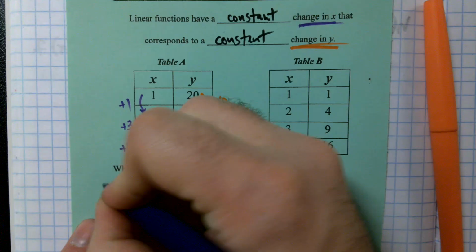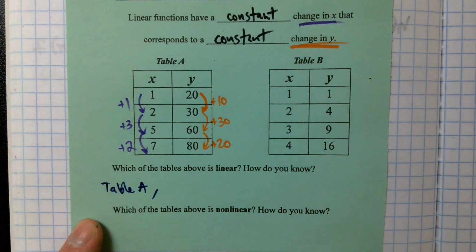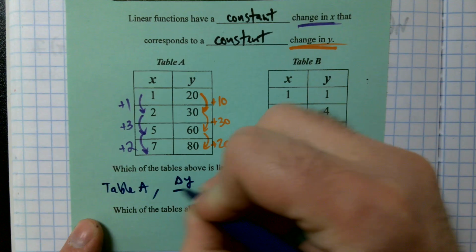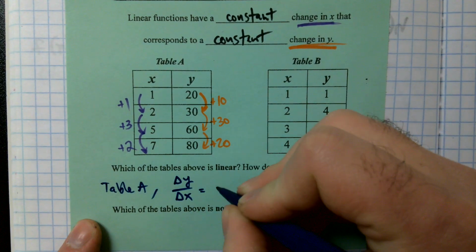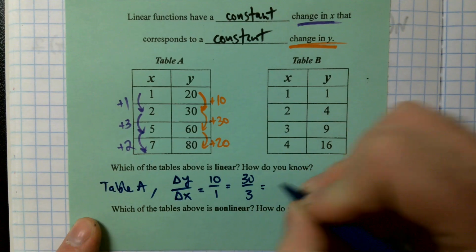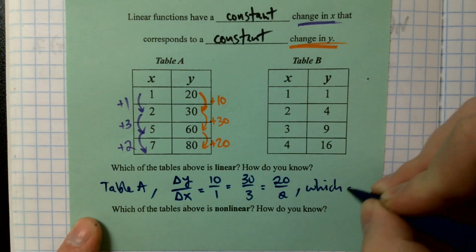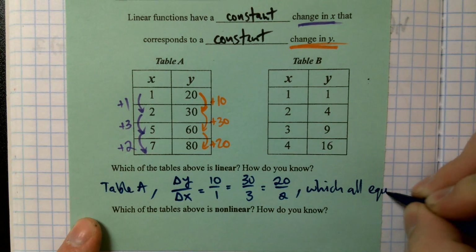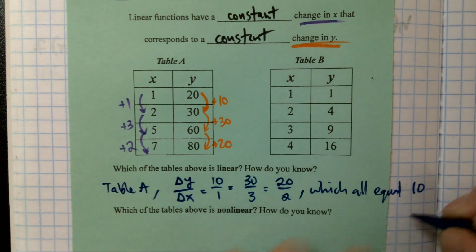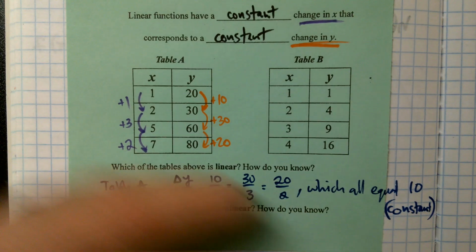So table A is going to be linear because my change in y over my change in x is 10 over 1, 30 over 3, and 20 over 2, which all equal 10. So that's a constant change.